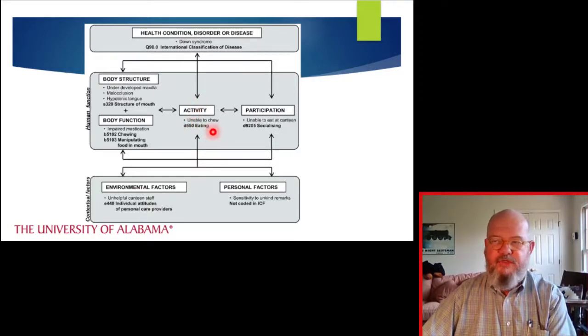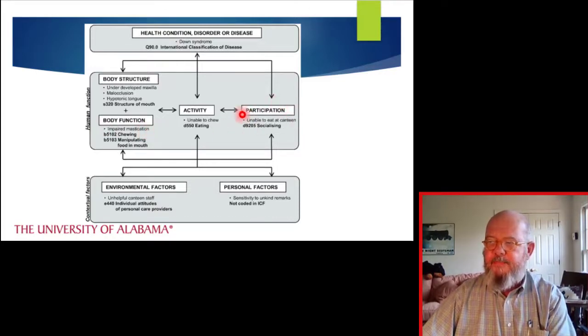And the issue is that the child is unable to chew. So we see that the body structure for this child is that the child has underdeveloped maxilla, has malocclusion, hypertonic tongue, and all of those come under the code for structure of mouth. Another code under the body function is chewing, and another one is manipulating food in mouth. And these are coded because the child has impaired mastication, that is chewing.